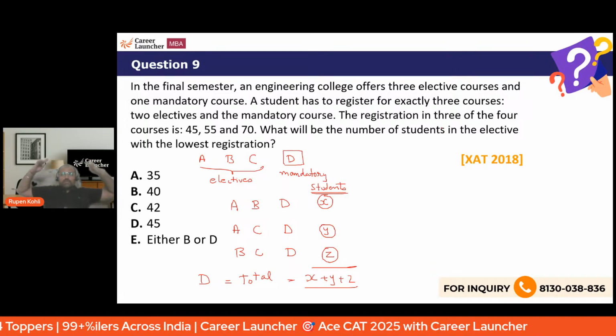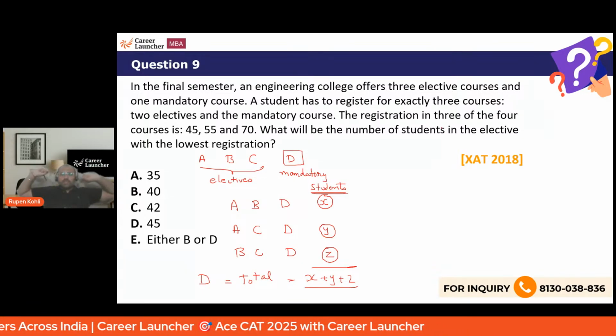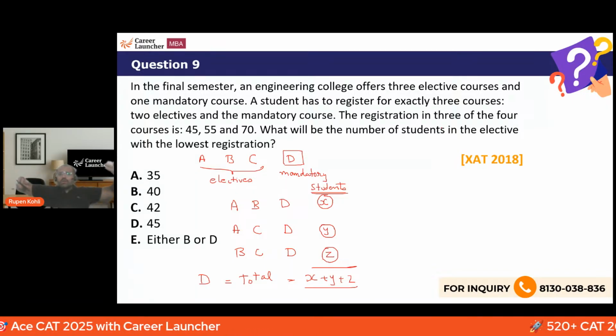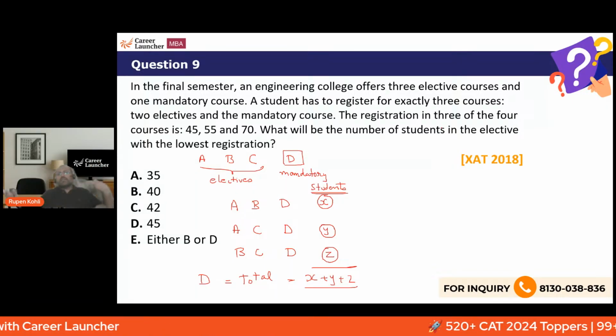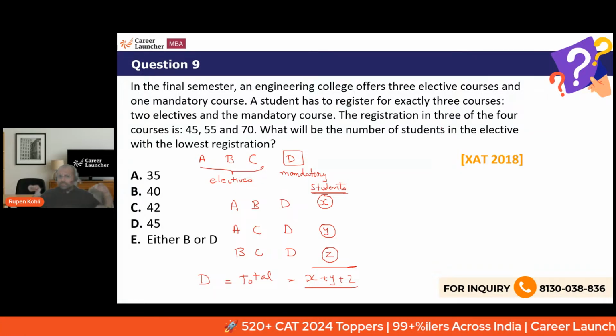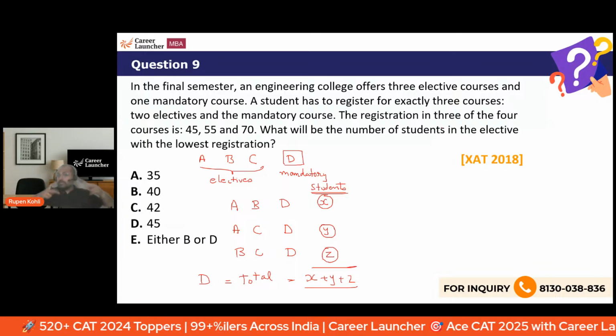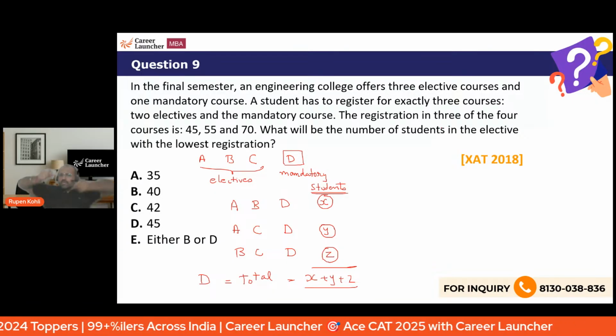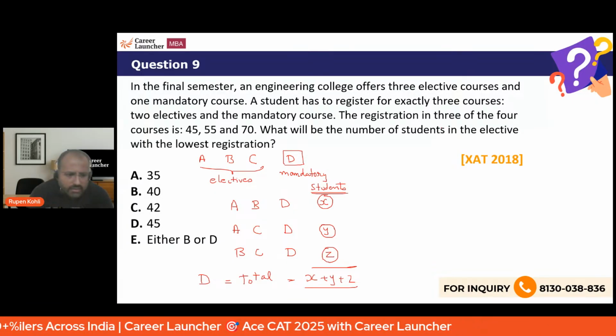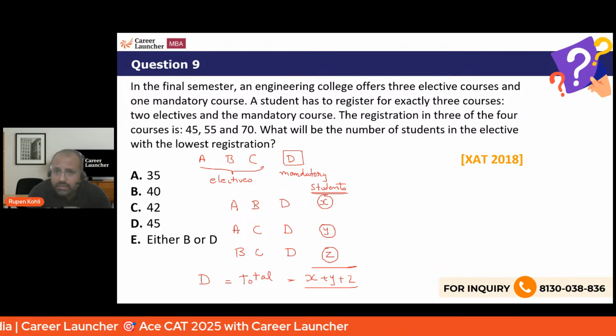If you think carefully, nowhere is it mentioned whether these 3 courses are all 3 electives or 2 of the electives and the mandatory course. So if you see the options, there is an option which talks about 2 possibilities, either B or D. So we must analyze the problem from that angle, that there might be 2 possibilities over here.